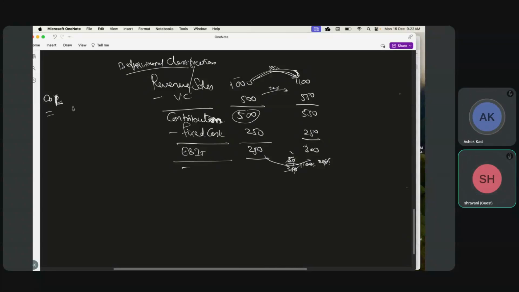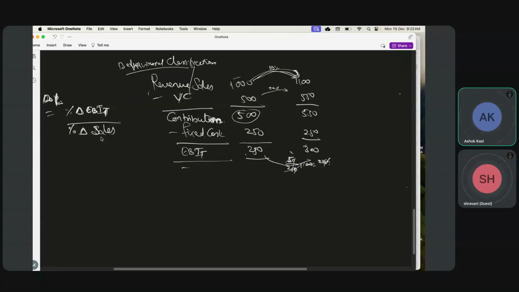Degree of operating leverage is equal to percentage change in EBIT based on percentage change in sales.